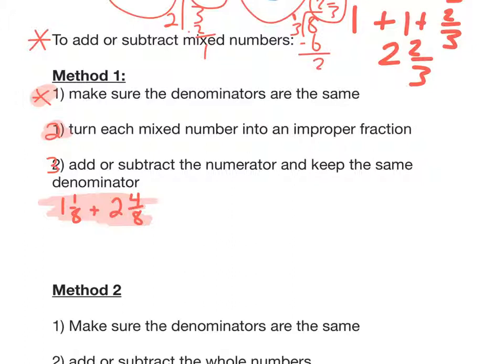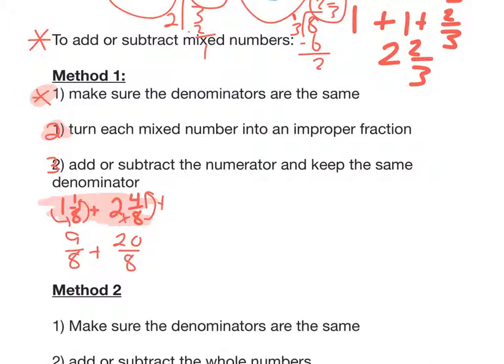We're going to turn each mixed number into an improper fraction. Okay? So I'm going to multiply 1 times 8, that's 8, plus the 1, that's 9. So we get 9/8. Plus 2 4/8, we're going to go 2 times 8 is 16, plus 4 is 20, so that's 20/8.